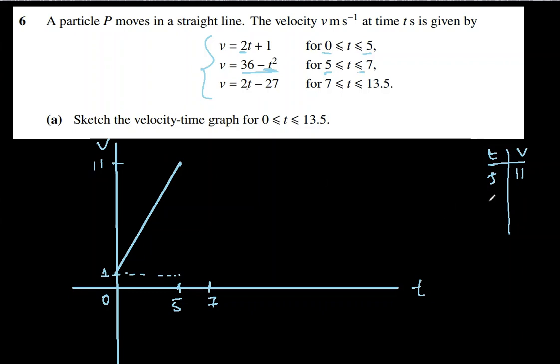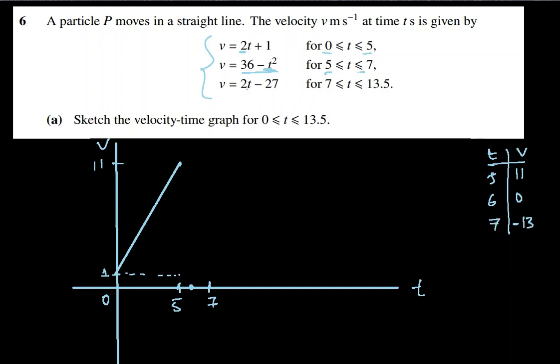We can see that. 6: 6 square is 36. 36 minus 36 is 0. So we have 0 here at 6. 7: 7 square is 49. 36 minus 49 is minus 13. At 7 seconds, the speed is minus 13.